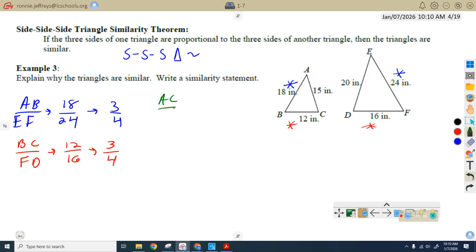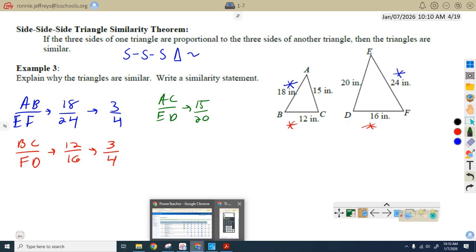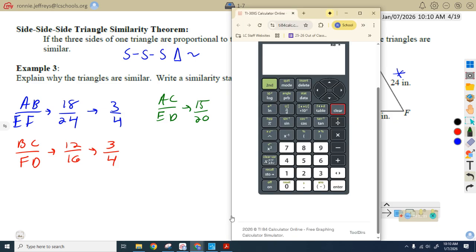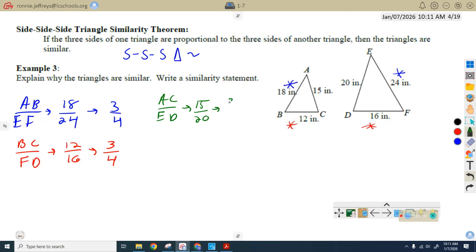And AC over ED is 15 over 20. So that's 3 over 4.